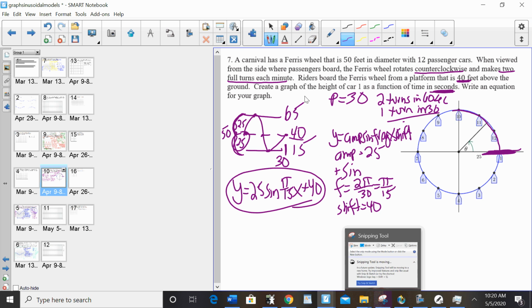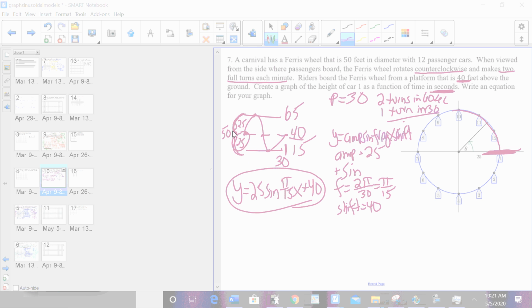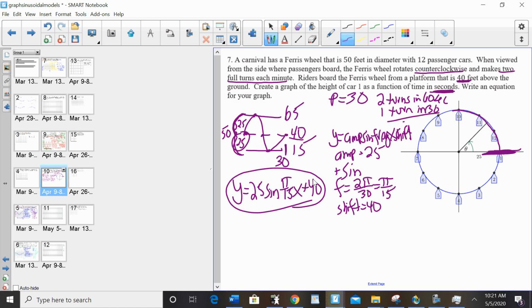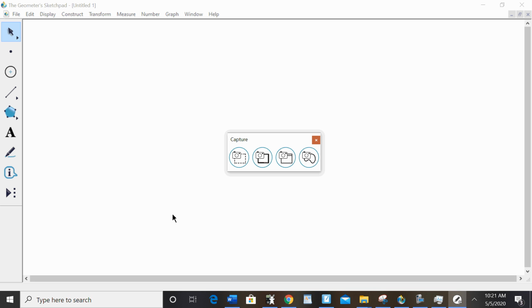Now I'm going to just move this over. It wants me to graph it. The thing's going real slow. We did a lot of math on this thing. It wants me to graph it, so I'm just waiting for this thing to come up.